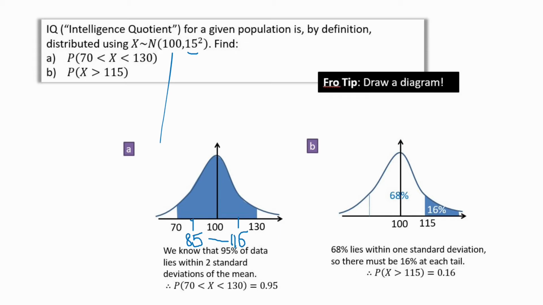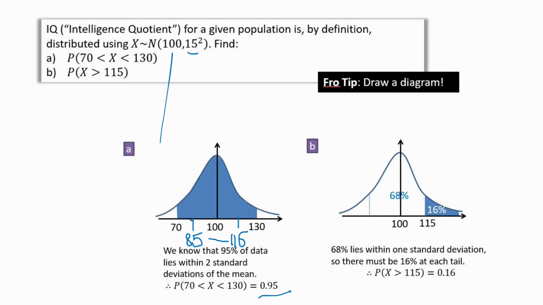Between 70 and 130, that's two standard deviations either way. So the probability of it lying within there is 95%, or 0.95 as a decimal.